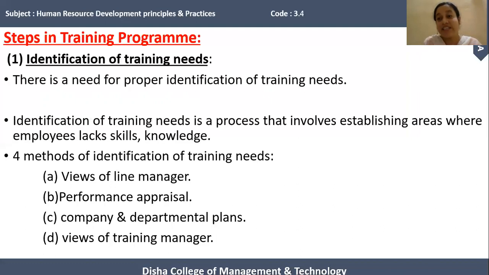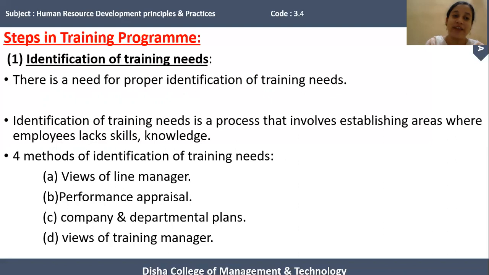It identifies in which area the person has some skill lacunae or skill deficiencies. To fulfill these deficiencies, the organization plans to arrange a training program for the human resources. Different human resources have different skill lacunae and deficiencies, so the same type of training program cannot be arranged for every human resource.